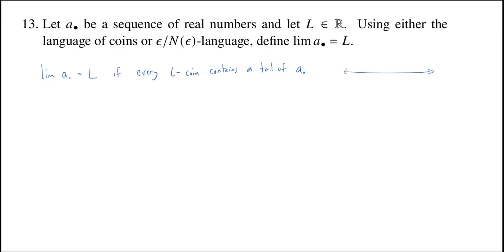Remember what this means. I draw a real number line. There's some L. I draw an L coin, so on the right this looks like L plus epsilon, and on the left we have L minus epsilon.